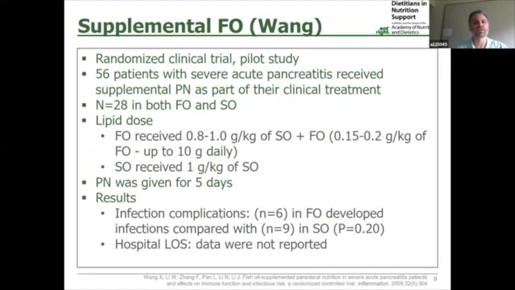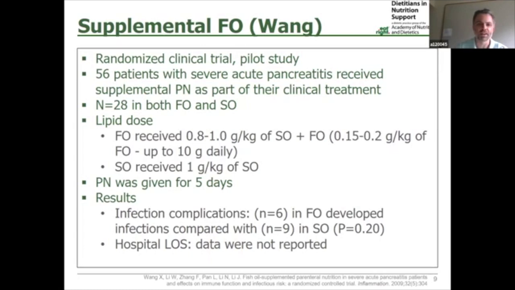Okay, and now on to my third study. It was by Wang, done in 2009 out of China. This is a randomized clinical trial pilot study that looked at 56 patients who had severe acute pancreatitis. There were 28 patients in both groups, the fish oil and the soybean. They were given TPN for only 5 days.